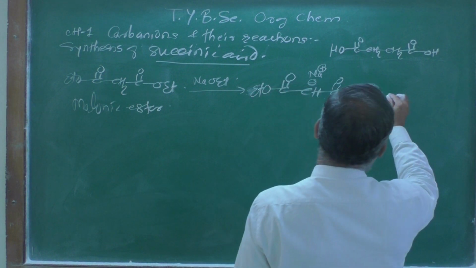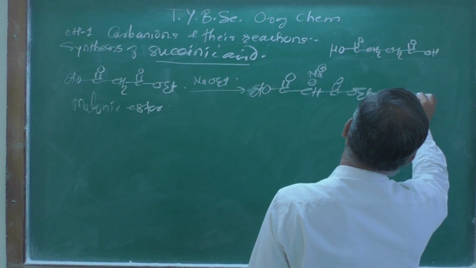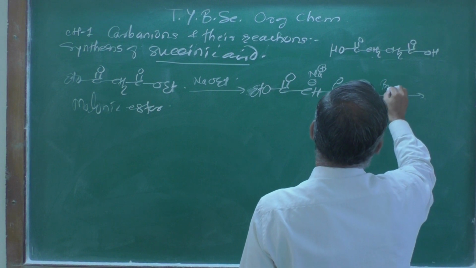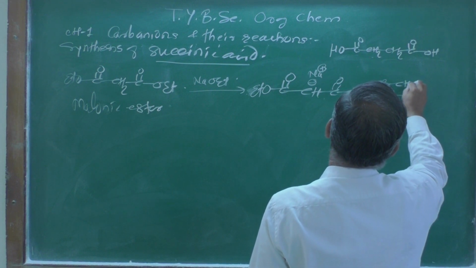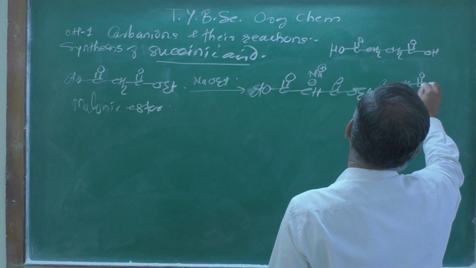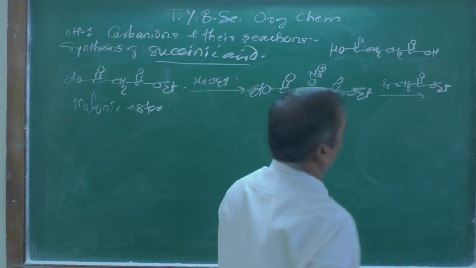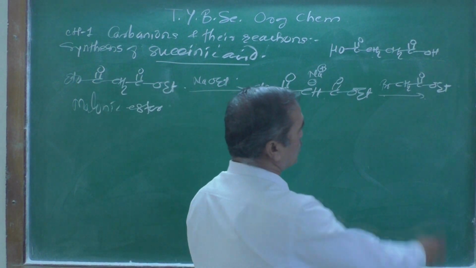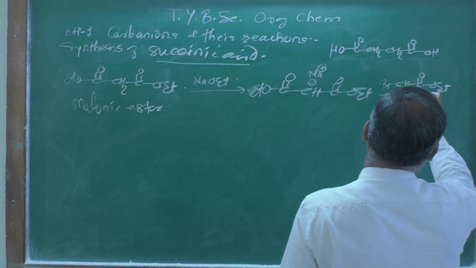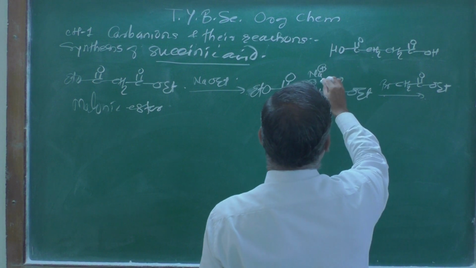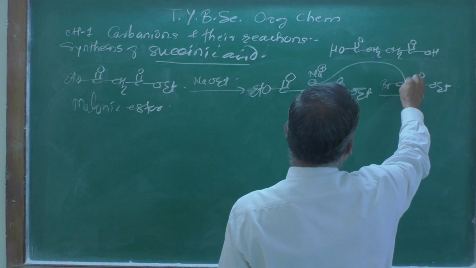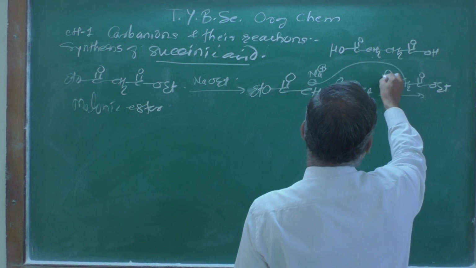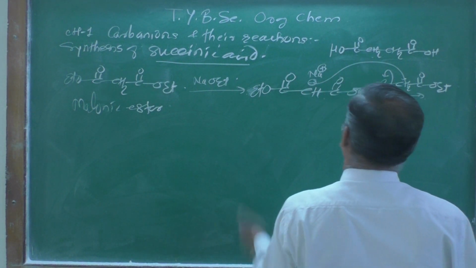Now this will be treated with Br, then CH2, C double bond O, and OEt. This is called an alpha bromo ester, which will be used here as a reagent. What is going to happen here? The negative charge attacks the carbon bearing Br, and Br gets removed.